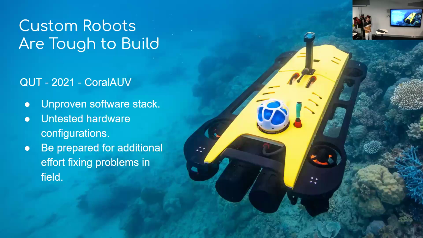We only actually got out to test the robot once, and we were plagued with hardware issues. So we didn't actually get to test all of the software we wrote, which is a bit disappointing. If you go with a custom robot, definitely be prepared to put extra effort into fixing miscellaneous problems.